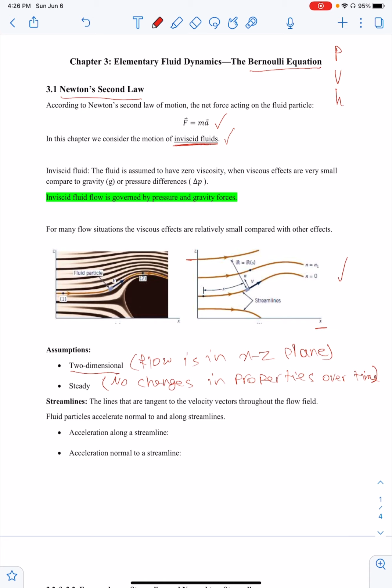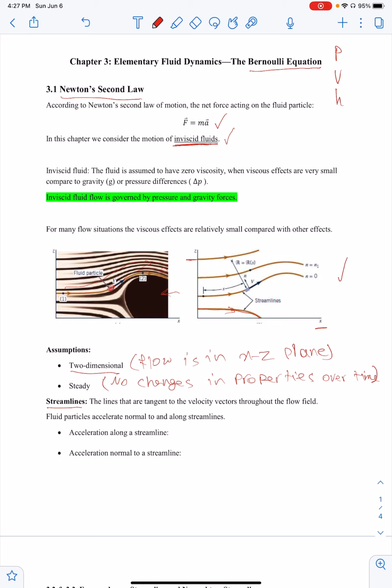First we need to know what a streamline is. Streamlines are the lines that are tangent to the velocity vectors throughout the flow field. For example, this one right here is a streamline. If you look at that fluid particle here, we can see that it's just going this way, this way. So these are all streamlines.